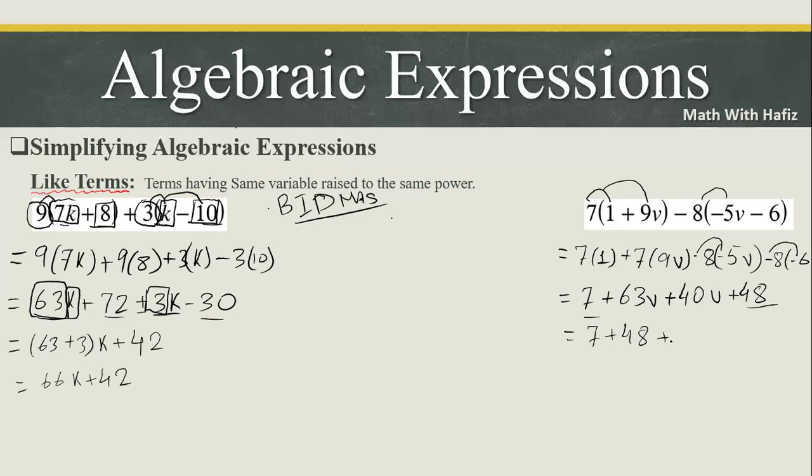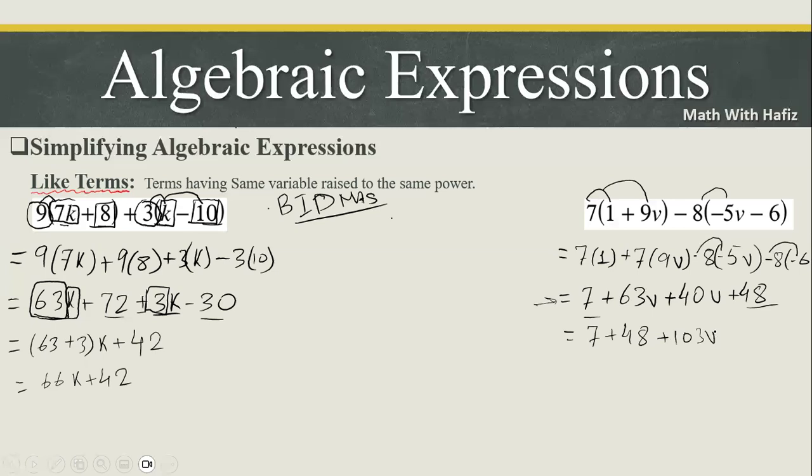It's better to write them at this level if you are practicing your knowledge, you can write them separately and solve them. Otherwise, at this level, you can directly sum up, look at the same common term and write the final answer directly. All right, so we have 63 and 40, it will be 103.